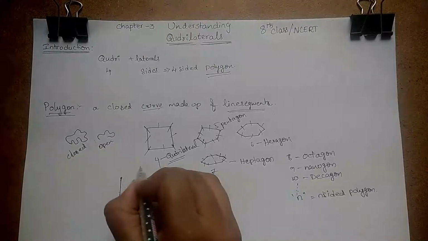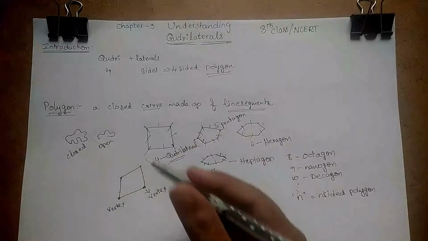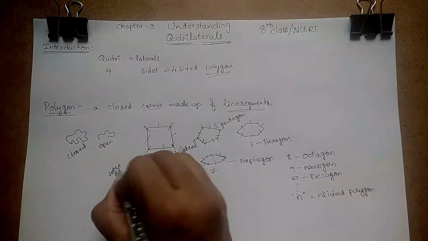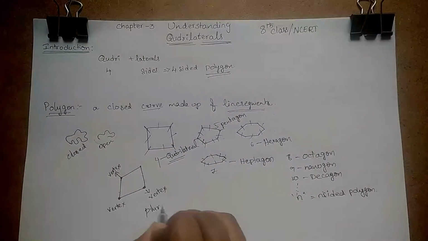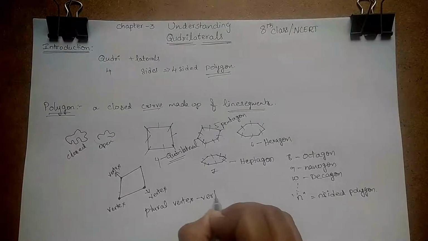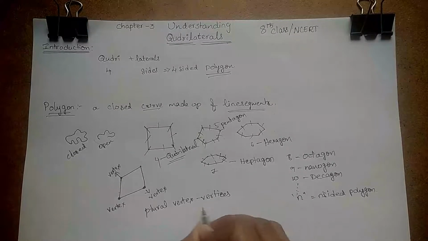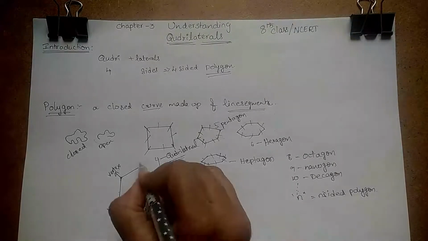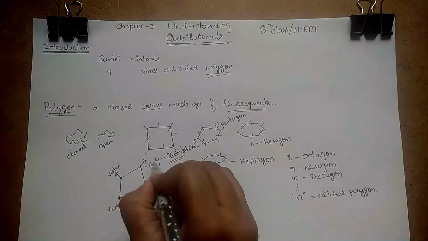The plural of vertex is vertices or vertexes. So this is also a vertex.